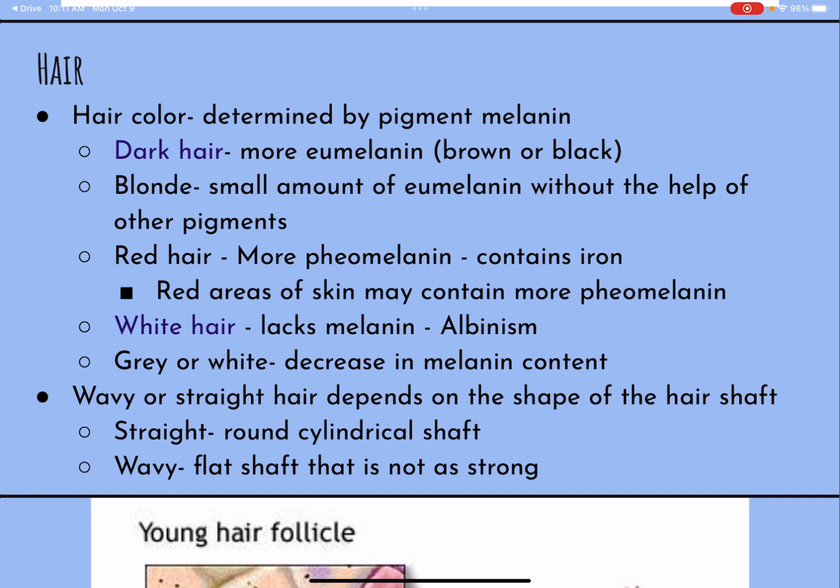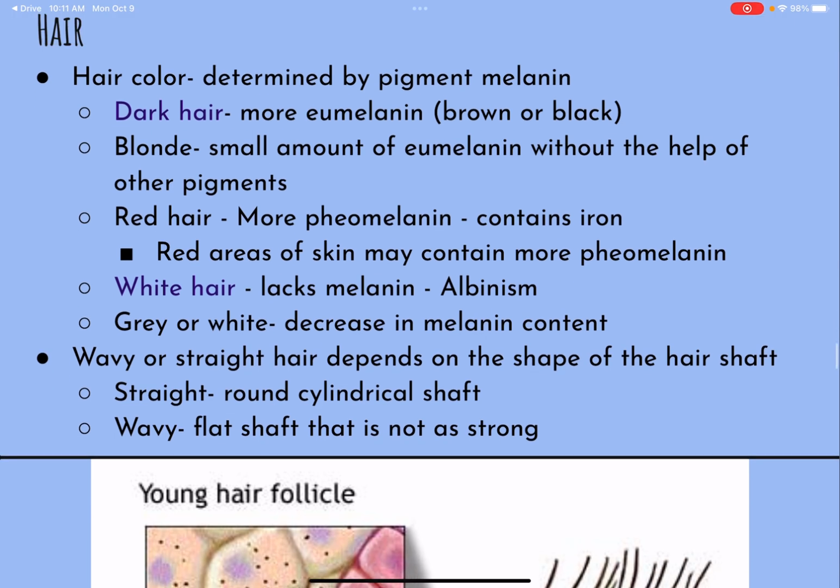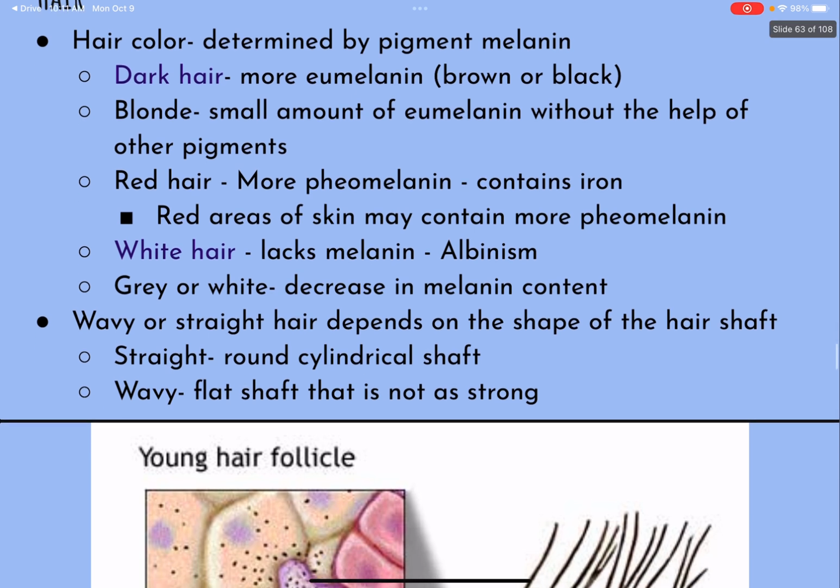And also, if you ever get freckles or just light patches on your skin, that might be from pheomelanin as well. Somebody that's an albino or has albinism, they're going to have white hair where they lack that melanin pigment. And then as you start to get older, you start to get some gray hairs. You're producing less melanin. Those hair colors start to change.